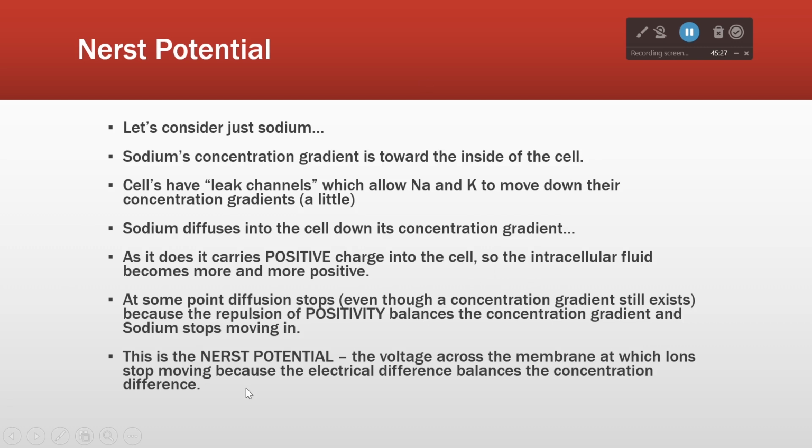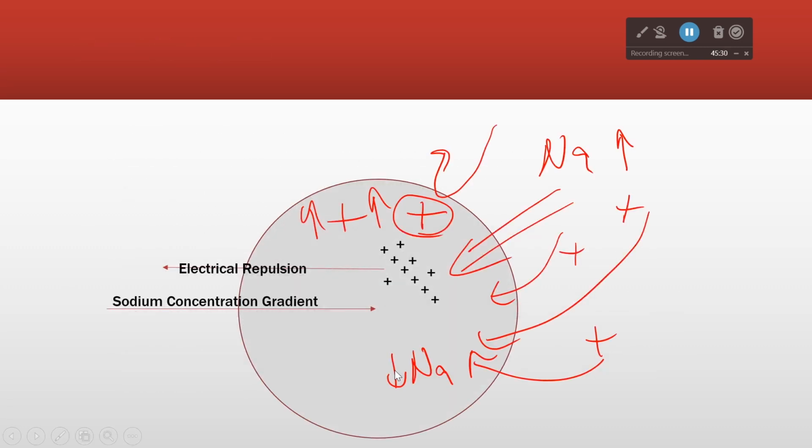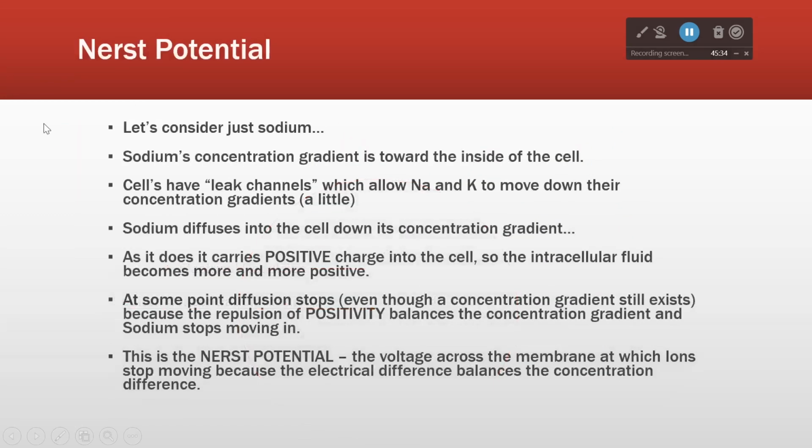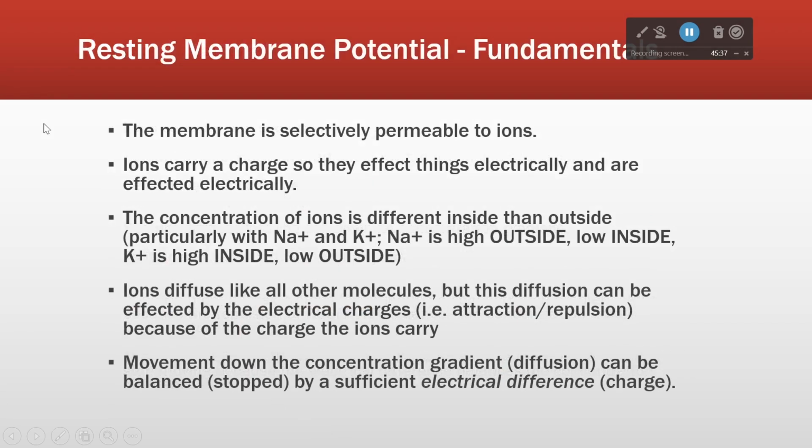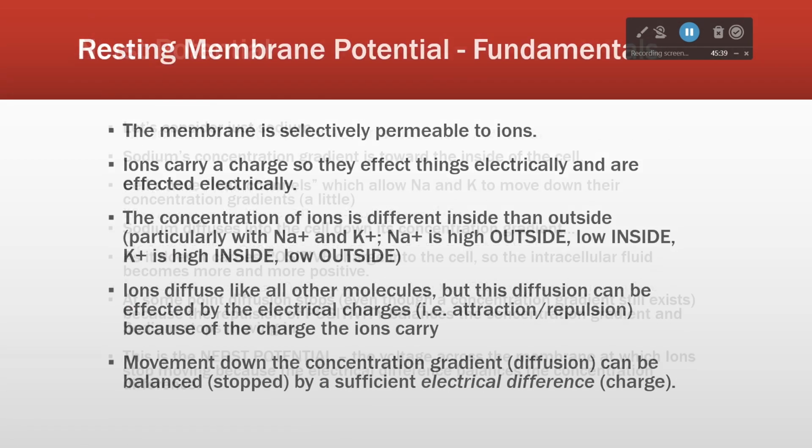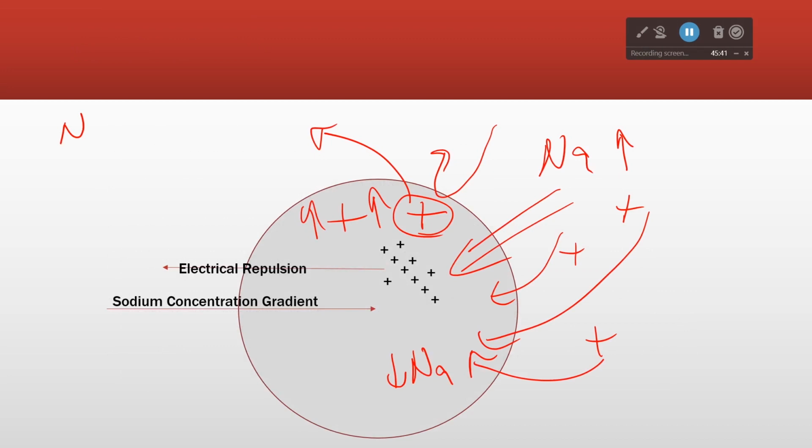So the Nernst potential relates to this. Okay, hold on. So the Nernst potential is how much positive is necessary to stop the diffusion of sodium down its concentration gradient.